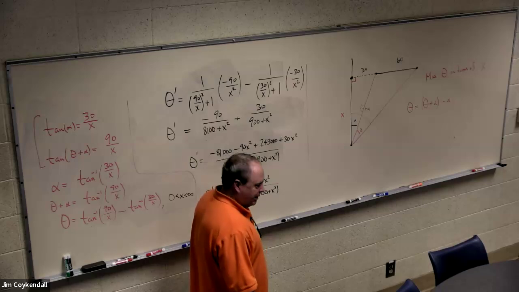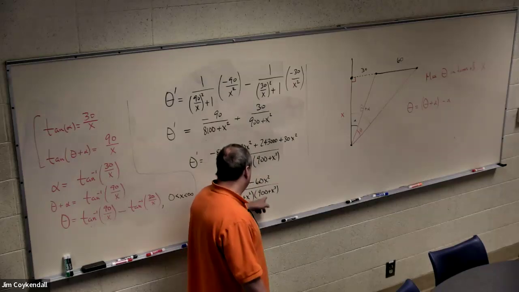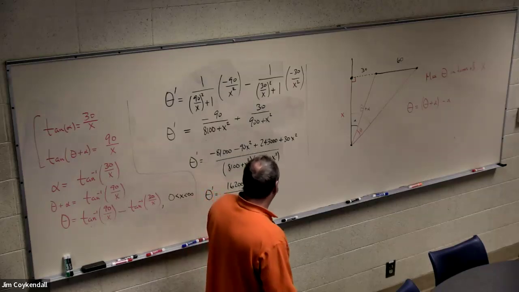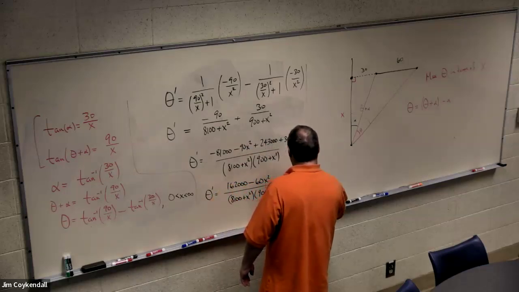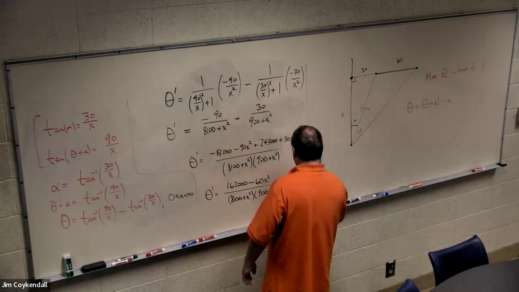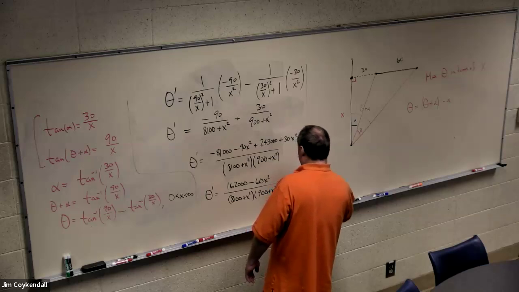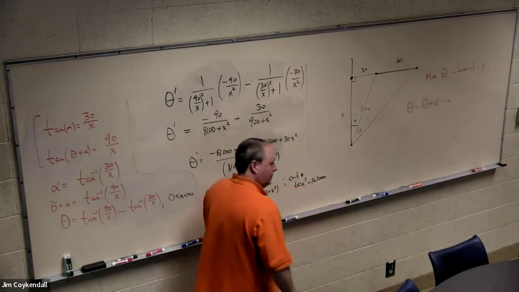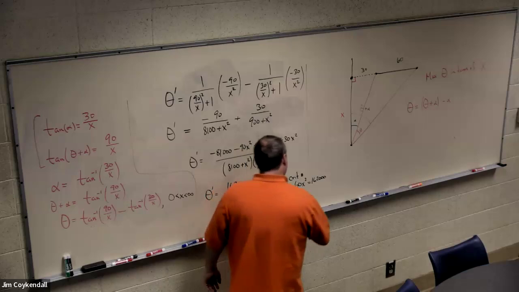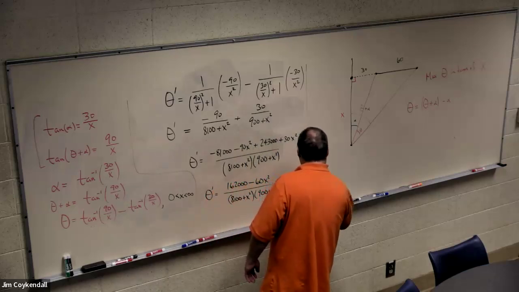It's not possible to make that bottom 0. So for critical numbers, I just need to set the top to zero and solve that. If x squared is 2700.